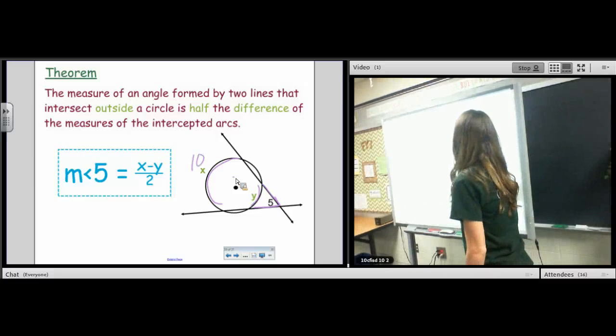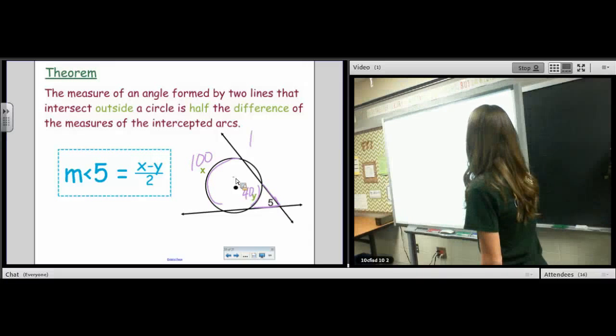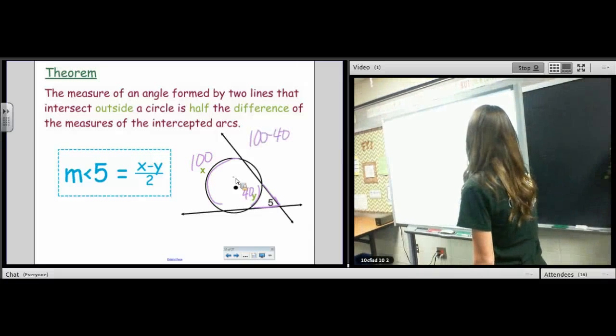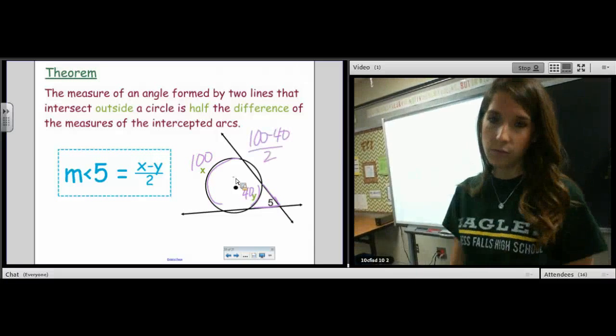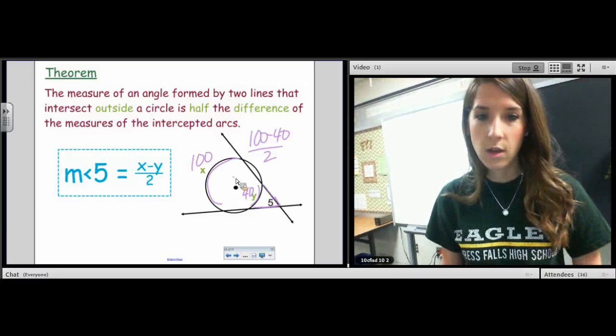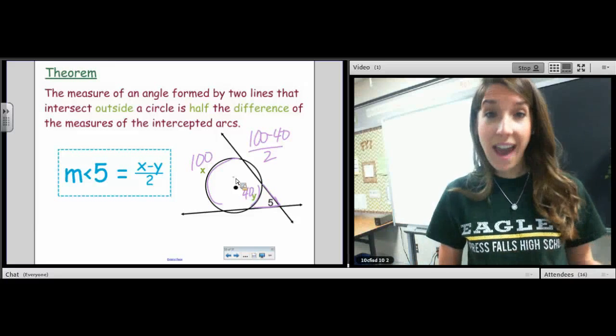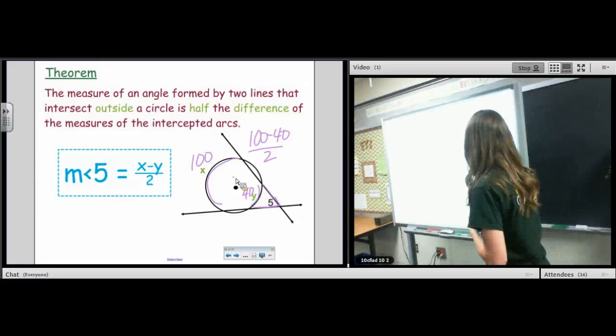So if this arc is 100 and this arc is 40, then the measure of that angle would be 100 minus 40 divided by 2. So it would be a 30-degree angle. Subtract the arcs and divide by 2, whereas the other one is add the arcs and divide by 2.